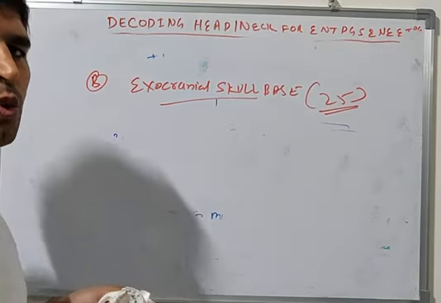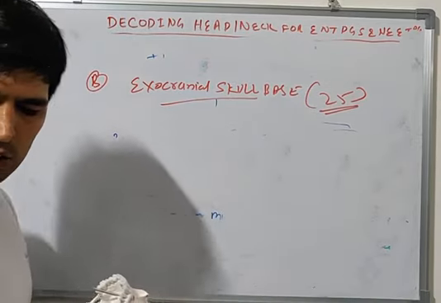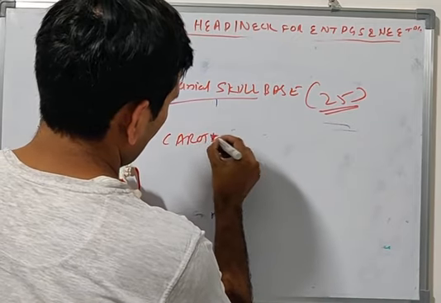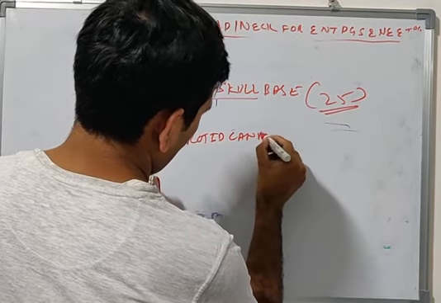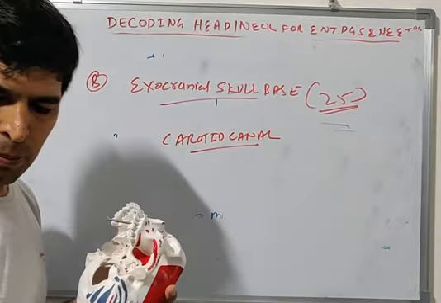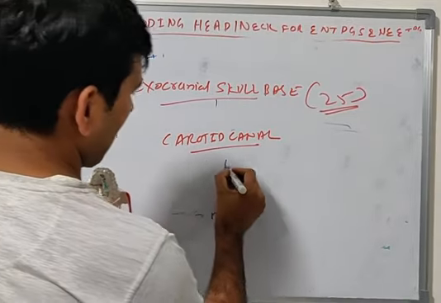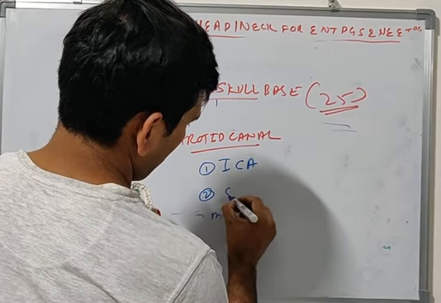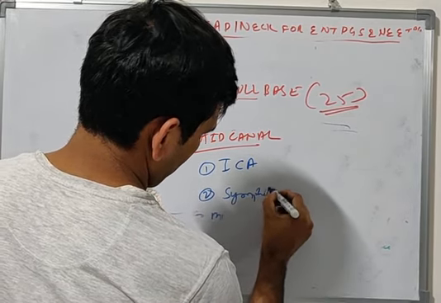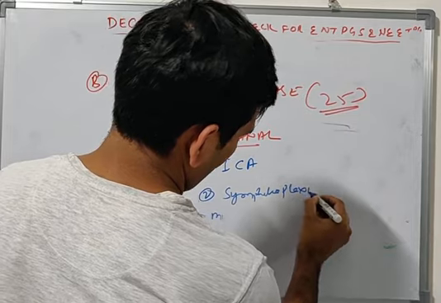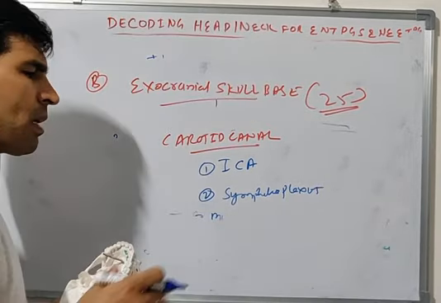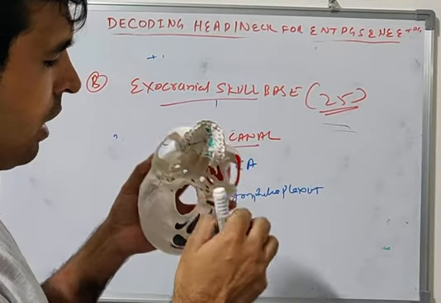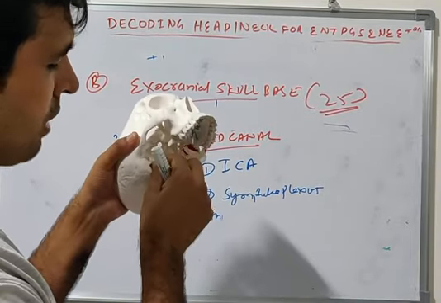The structures passing through the carotid canal are the ICA, internal carotid artery, and the sympathetic plexus. And if you see this spine, this is the styloid process.